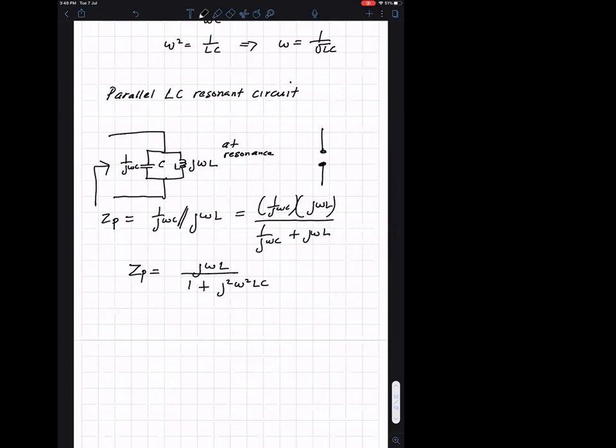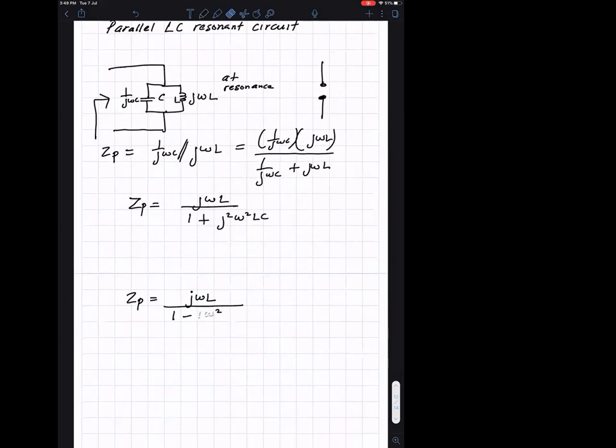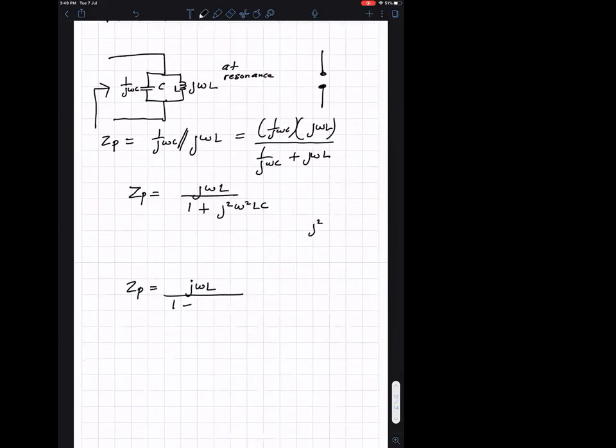So ZP is j omega L over 1 plus j squared omega squared LC. You know j squared is minus 1, so ZP is j omega L over 1 minus omega squared LC.